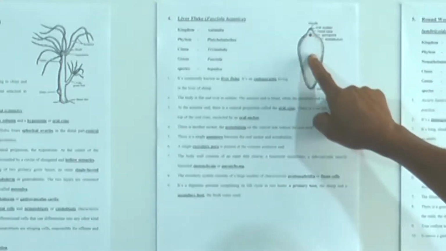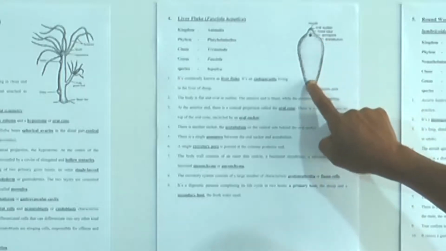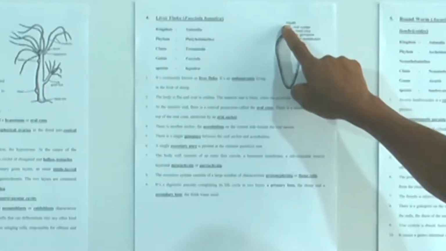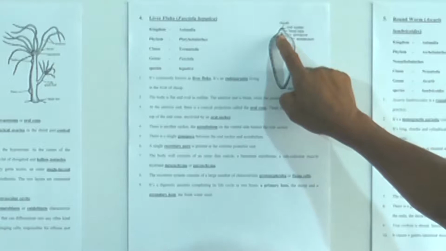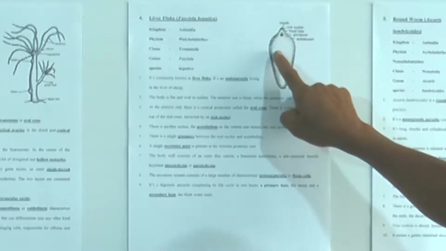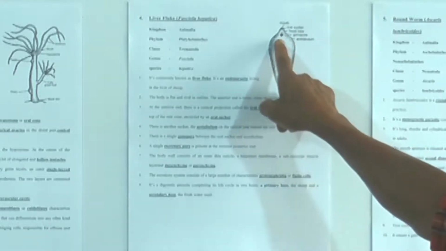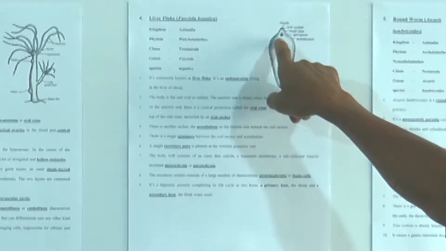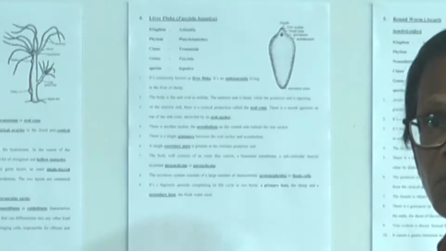Here, look at this. This is the ventral view of Fasciola hepatica. This is the mouth. Posterior to the mouth aperture, there will be an acetabulum. This is another sucker, used for clinging on to the liver cells.